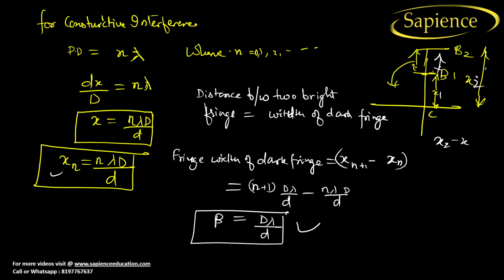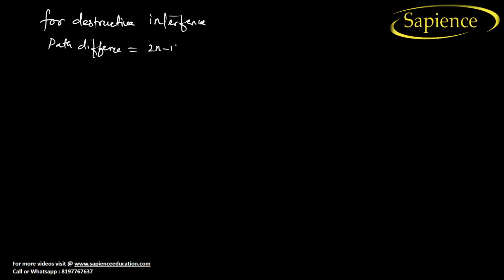Now let us go for the destructive interference. For destructive interference, we know that the path difference in terms of lambda is equal to (2n minus 1) into lambda by 2, where n is equal to 1, 2, 3, and so on.